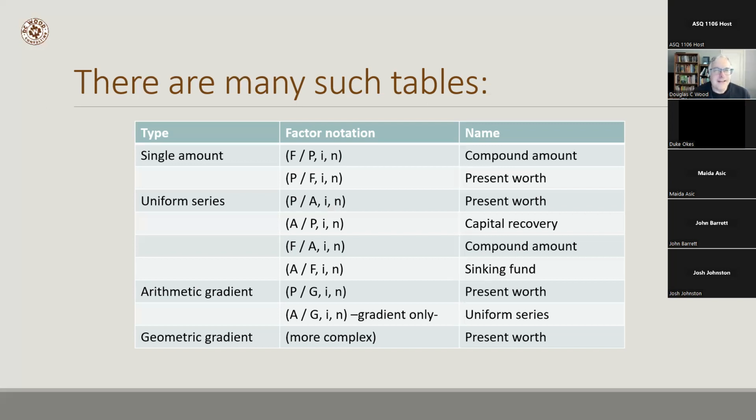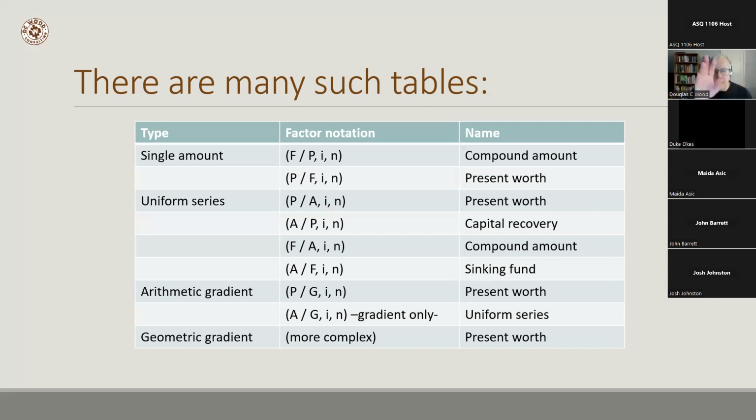Now, over on the right-hand side, there's some accounting words, okay? Like I said, those accountants have their own words. Who knows where they came out of the Middle Ages somewhere. The A/P uniform series is called capital recovery.